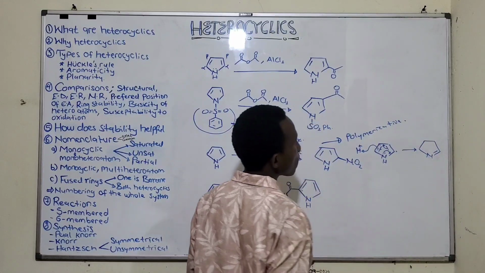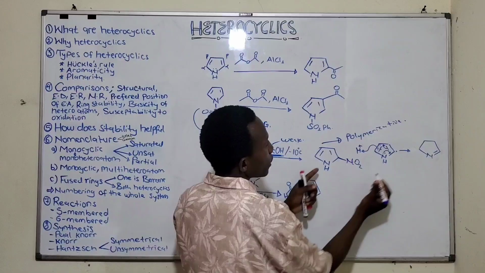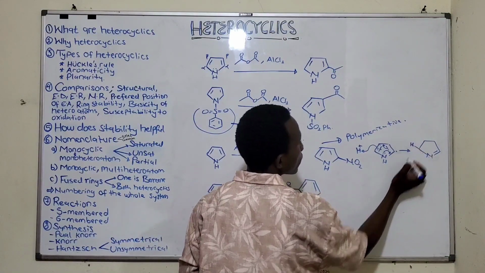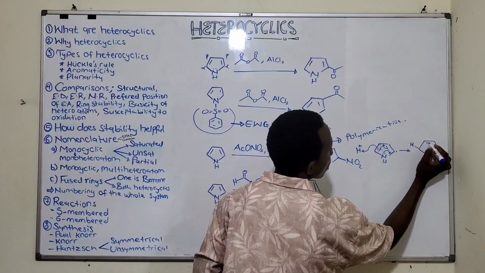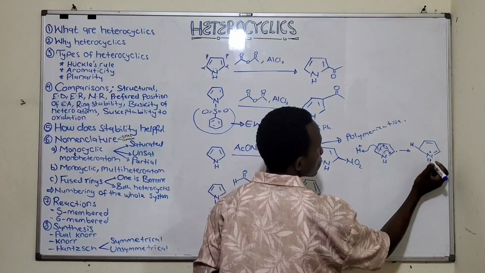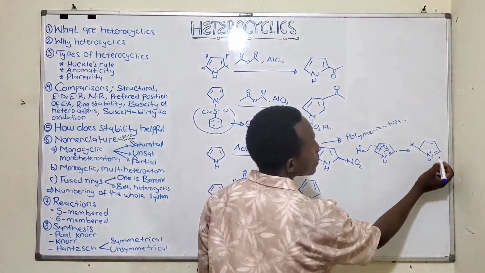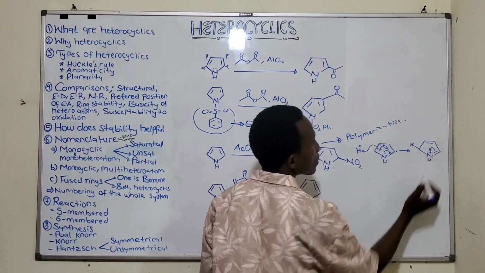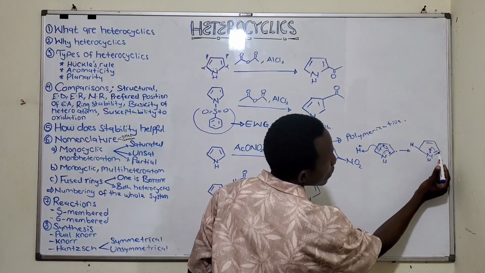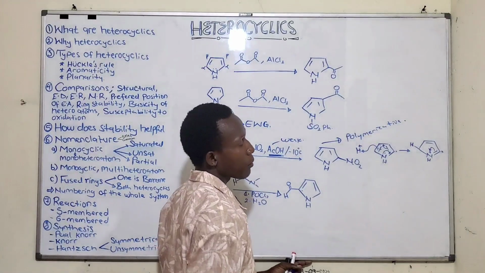We form a bond here. Then here we have gotten our hydrogen ion, and we have formed a bond here. But this nitrogen is plus. So it will try to regain its stability. As it gains its stability, this one will be plus. We shall form a carbocation.